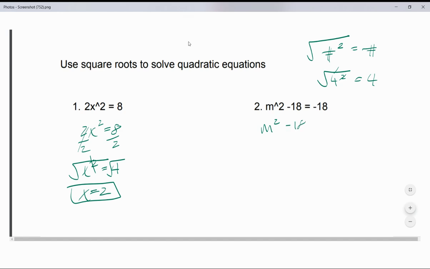m squared minus 18. Well, first of all, let's isolate it again. Plus 18.